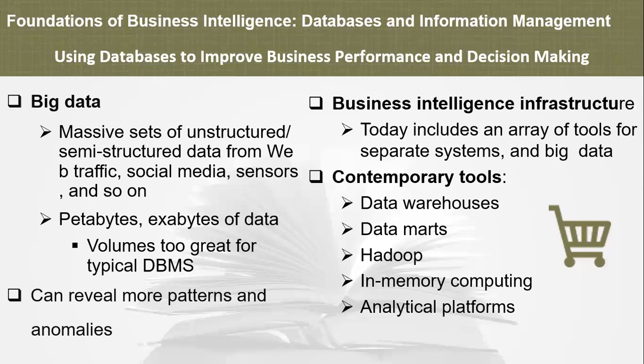The capabilities include data warehouse and data mart, Hadoop, in-memory computing, and analytic platforms. Some of the capabilities are available as cloud services. To analyze or process the data, you need the contemporary tools.